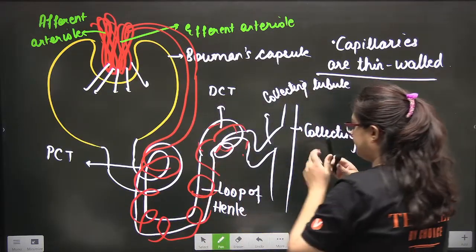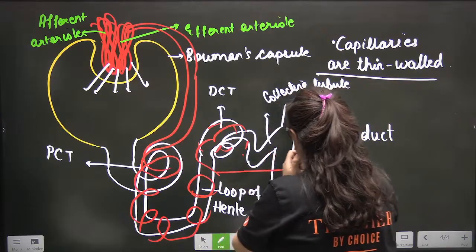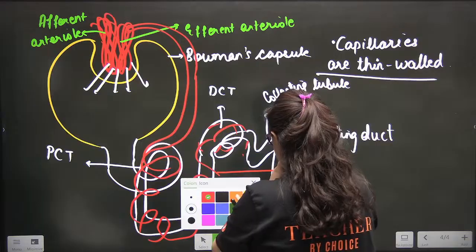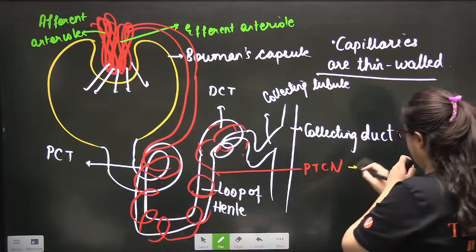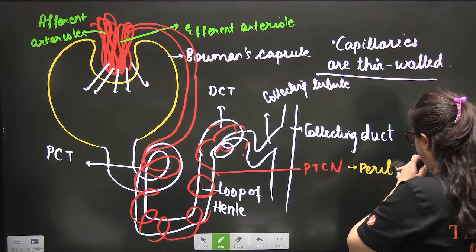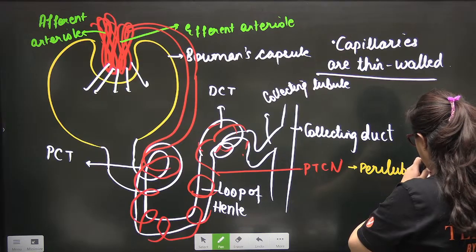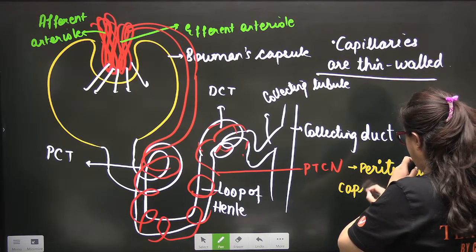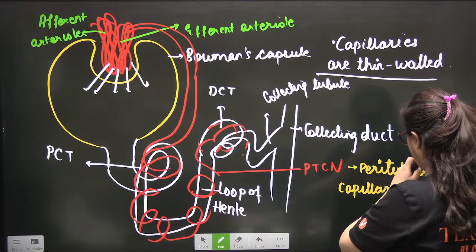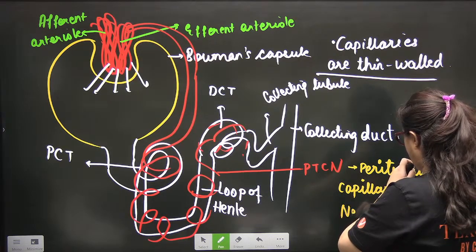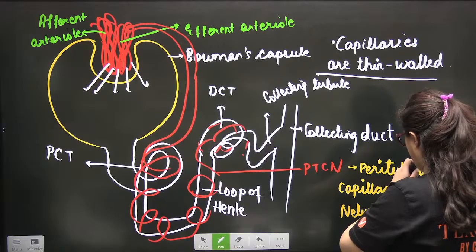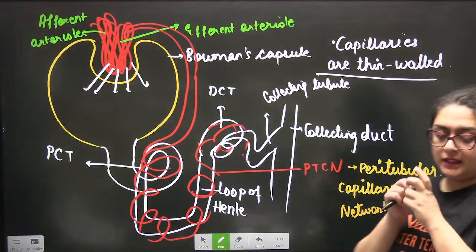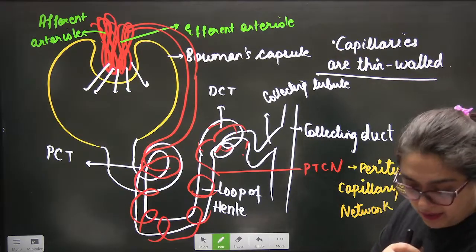Peritubular capillary network. Done. See this diagram very carefully. This is very important.